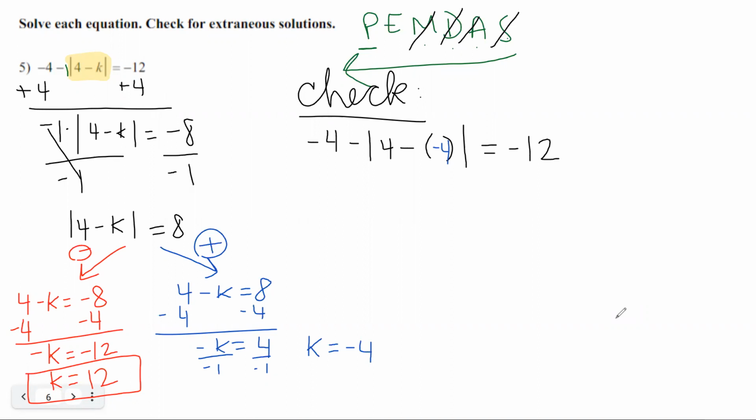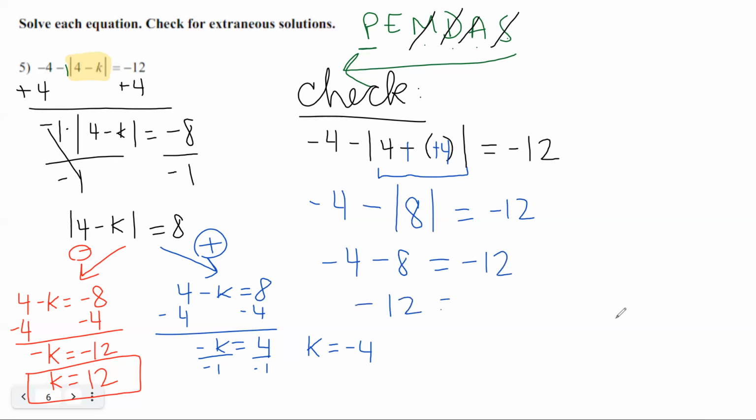Okay, so remember this is 4 minus -4. Minus minus becomes plus plus. So 4 plus 4 gives us 8 when we're simplifying that. The absolute value of 8 is obviously 8, so -4 minus 8 is -12, and we just did that. So we can see that -12 is -12.